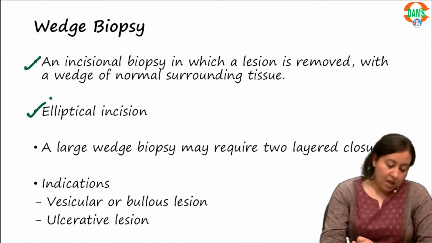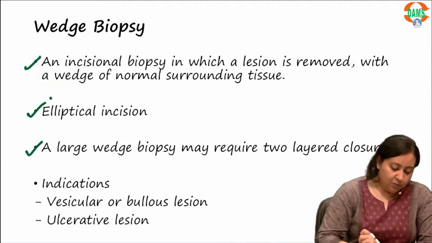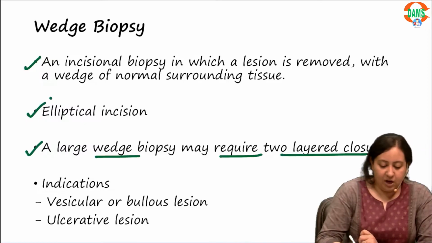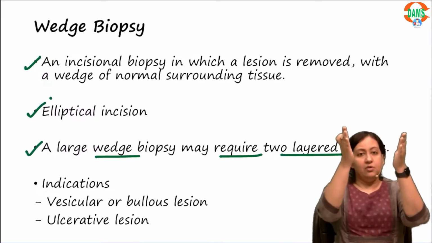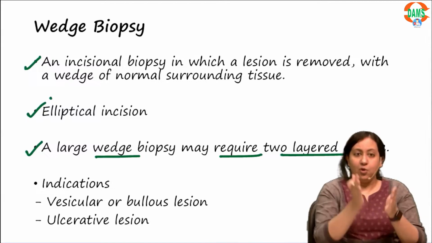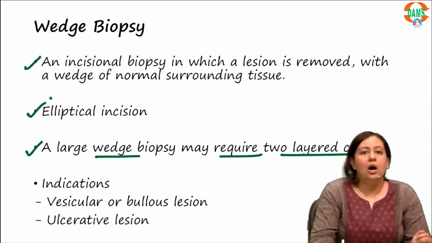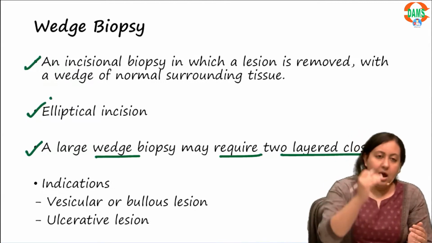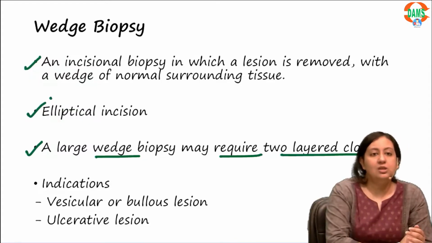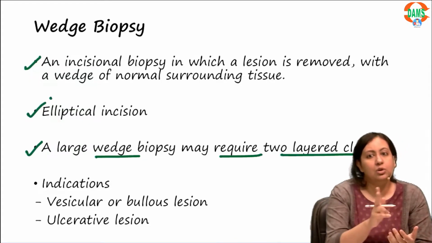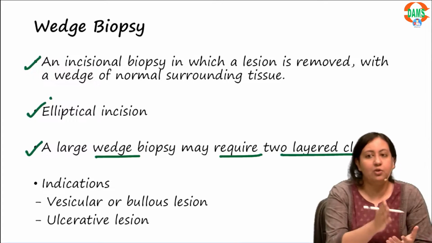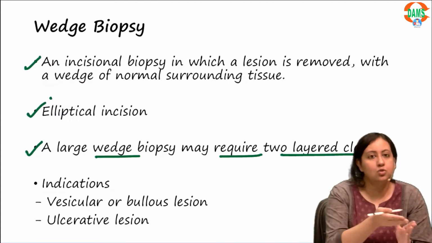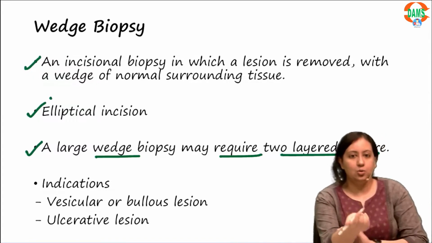Okay, and a large wedge biopsy may require a two-layer closure. So in case you've taken a larger chunk of tissue, you have gone deeper into the normal tissue, then you might have to do the layered closure. That means you have to first close the deeper tissue, first suture the deeper tissue, and then the superficial tissue.